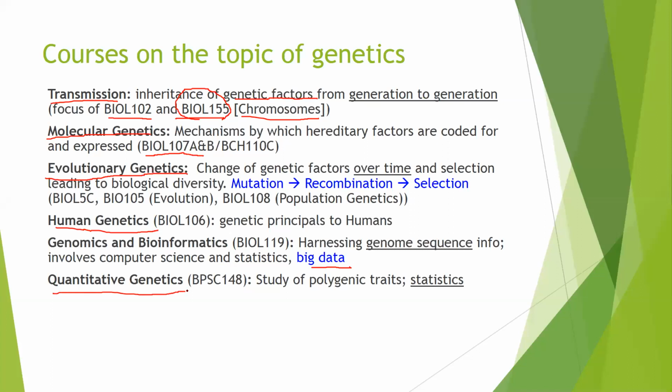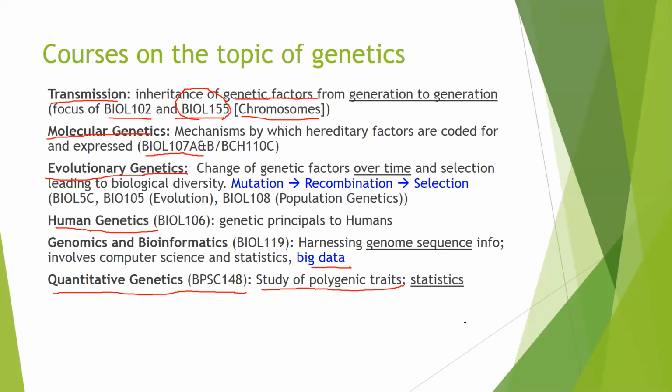This is another class. Sometimes I teach this class as well, quantitative genetics. This is a class to study statistical genomics. And in this class, you'll be able to study polygenic traits, the traits that are controlled by not just a single gene. In a minute, we're gonna start Mendel's study, right?